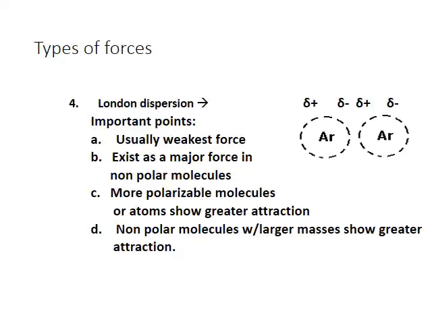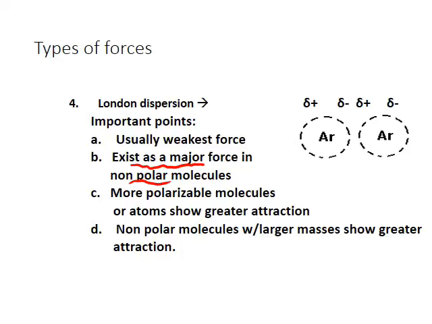The fourth type of force is called London dispersion force. It is usually the weakest of all the forces that we discussed, and this exists as a major force in nonpolar molecules. So when you think about intermolecular forces in nonpolar molecules, you think in terms of London dispersion force.